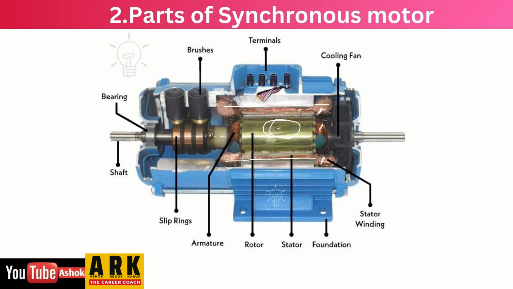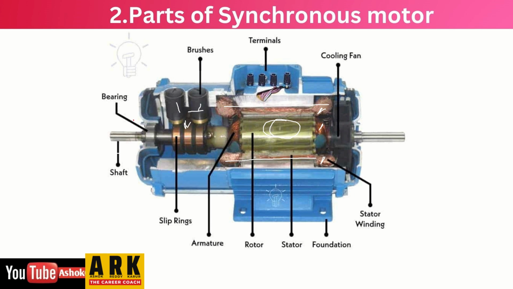Because of this, an EMF, the electromagnetic force, will be induced in the system, by which it will run. These are the brushes. These brushes induce the magnetic force by which the slip rings will be running. And then we have a shaft here and also a bearing.